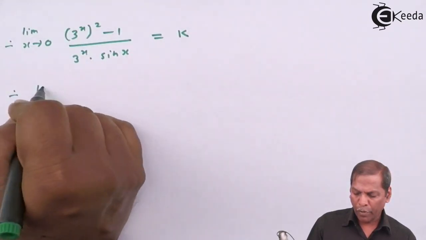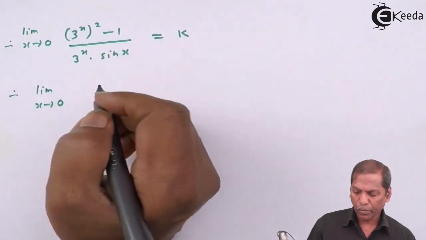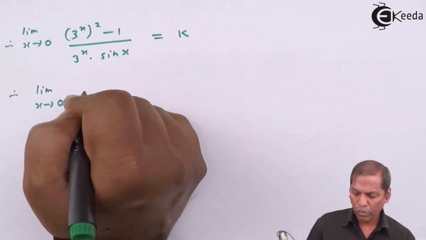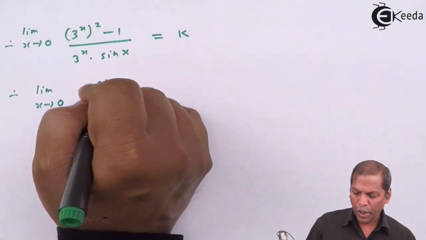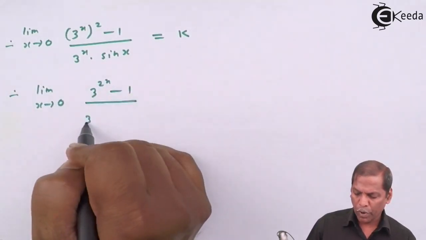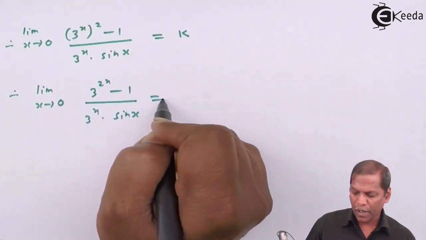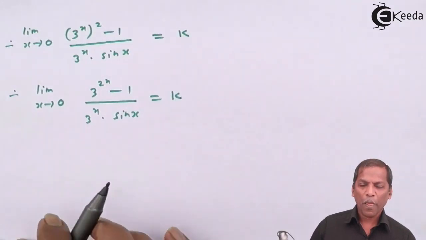So the next step will be limit x tends to 0, (3 raised 2x minus 1) upon 3 raised x into sin x is equal to k.